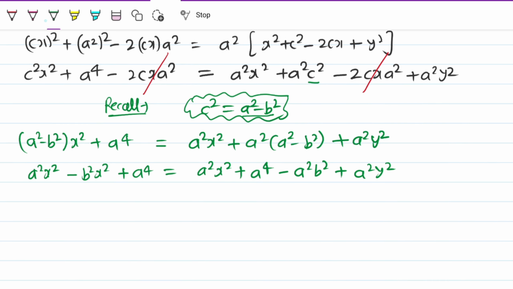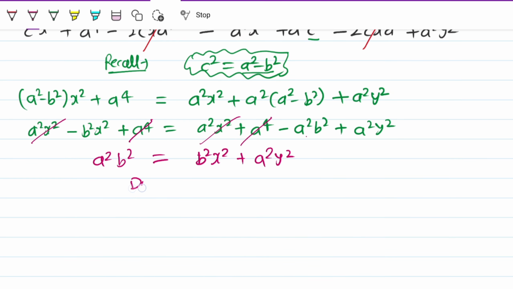Now you can see some terms are cancelling. For example, a square x square cancels, a power 4 cancels. Correct now? Now this a square b square we can shift here. A square b square equals to, and this b square x square shift to the right hand side, b square x square plus a square y square.